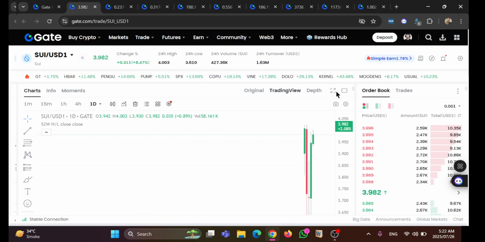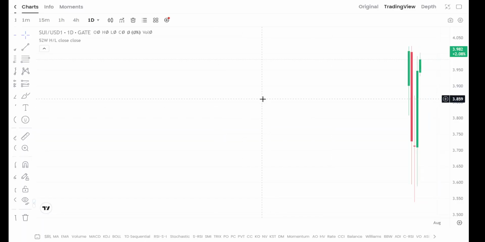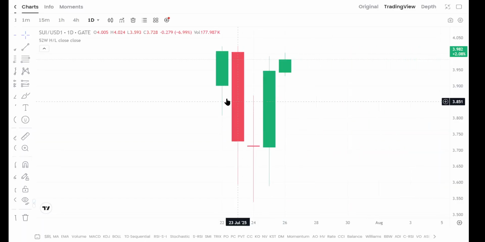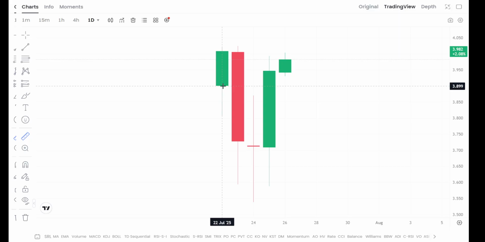Let's go to the chart of this, and you can buy and sell. I have told you the method of how to buy and sell. And here let's see its market, and we have opened the daily chart. On the first day, the market price of the SUI was opened at 3.901 USD1.